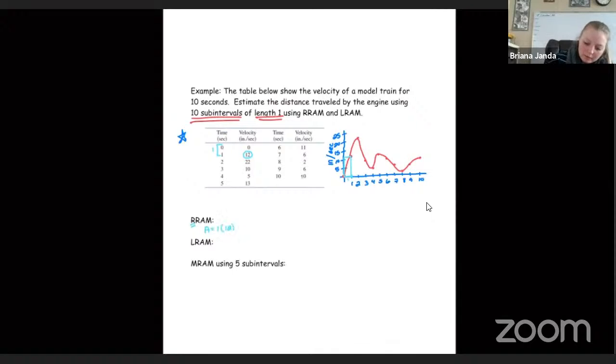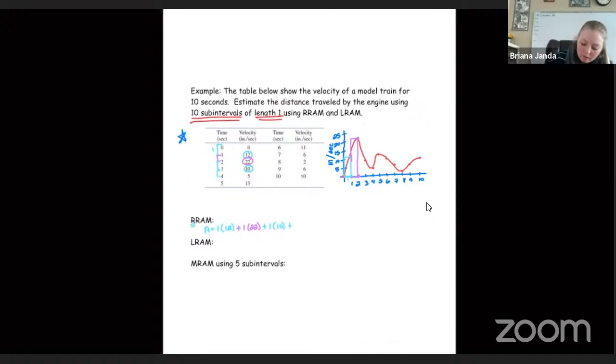Our height would be 12. And as we do that again for our next rectangle, from 1 to 2, we're going to use the right-hand side. Well, the right-hand side is going to be 2, so the height of that one would be up at 22. And there's our second rectangle. Base of 1, height of 22. And what you'll notice as we do each of these is as I connect these numbers, you use the second number's height for the height of that particular rectangle. All of the bases will be a length of 1, which we're going to come back to.